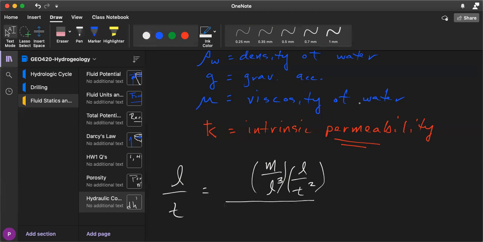Viscosity ends up having the unit mass per length time. Yep. So Mark just said kilograms per meter second. It's mass over length times time. Okay.